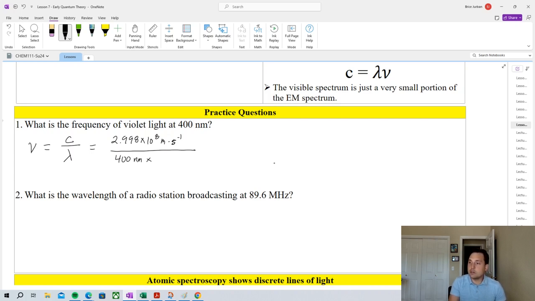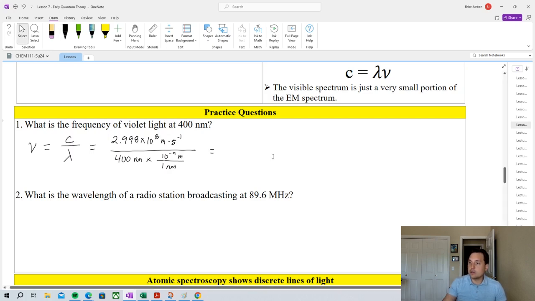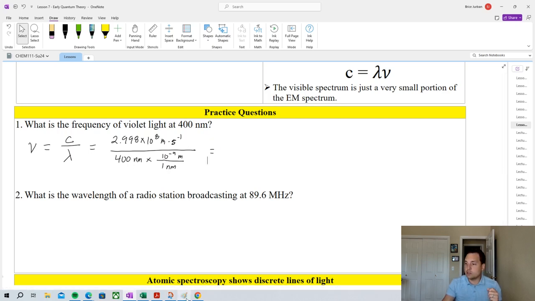So 400 nanometers, a nanometer is 1 billionth of a meter. So 1 nanometer is 10 to the negative 9 meters. And you can do this portion separately, or you can do it afterwards. I always do it like this.